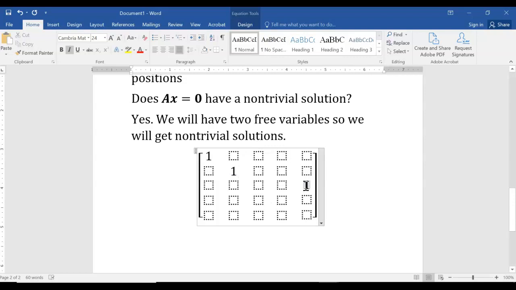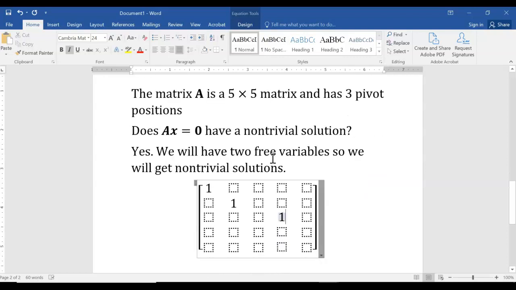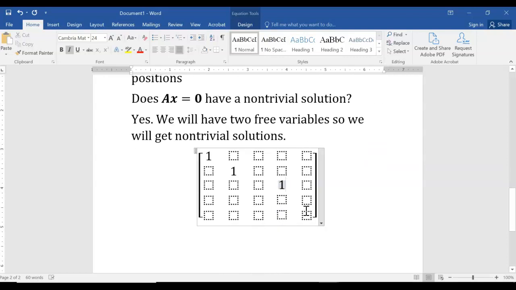If I were to move the pivot position here, now the variable x3 and x5 would have both been free. Okay? So no matter where you put them, if you have three pivot positions, that leaves you two free variables. So we get infinitely many solutions, therefore non-trivial solutions to the homogeneous equation.